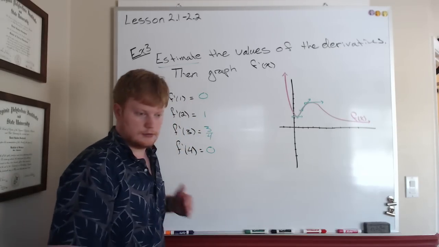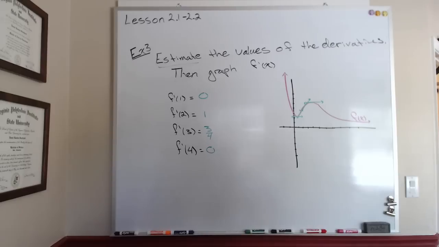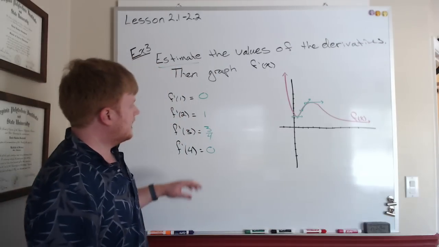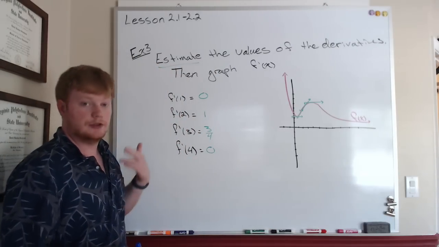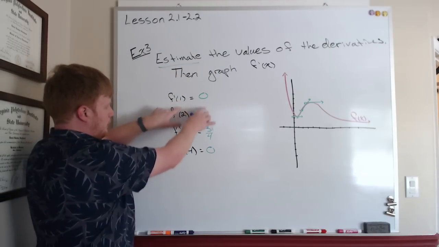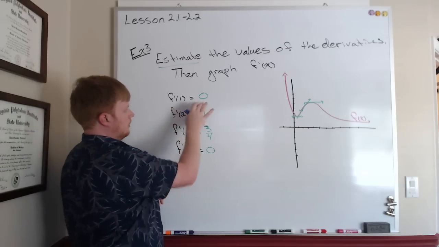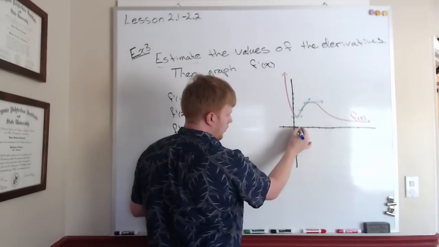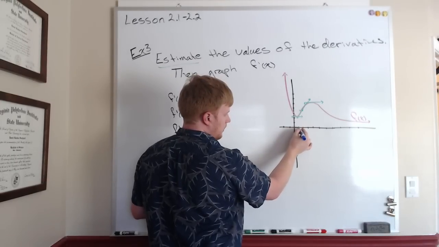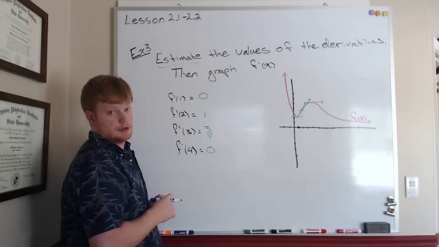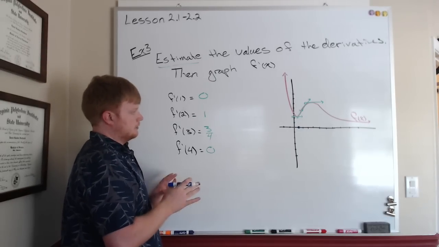So now, to actually go through and graph the derivative, I have a few points that I can use to plot in my coordinate plane. 1, 0. At x equals 1, the slope of the tangent line of my original function was 0.